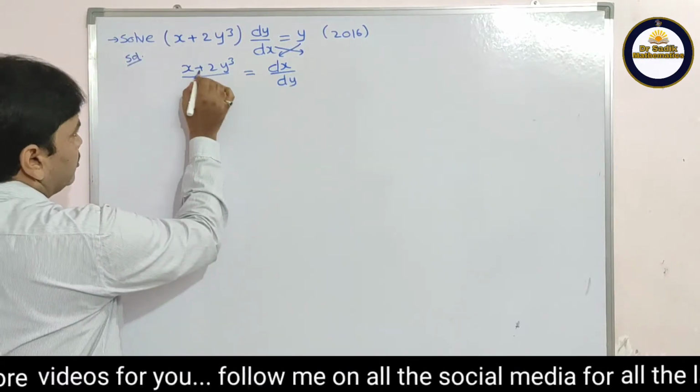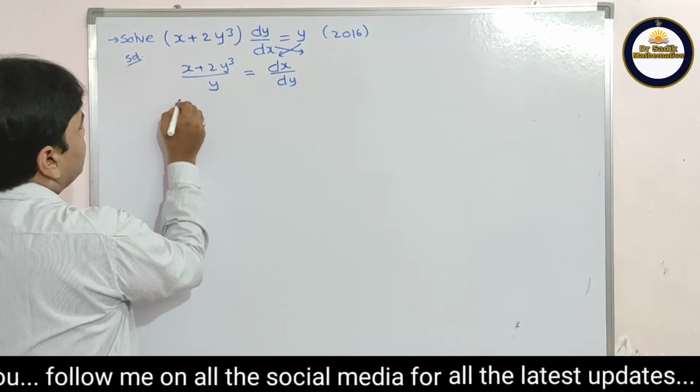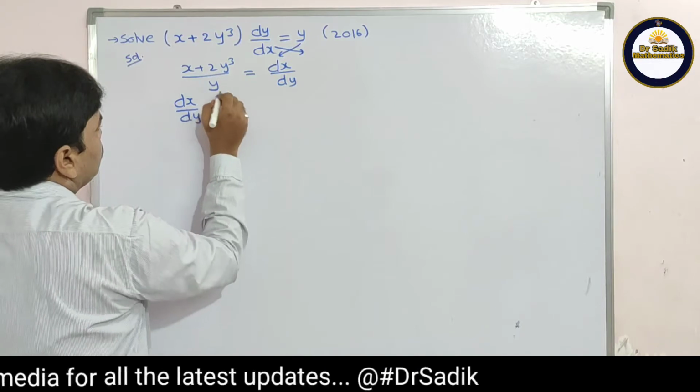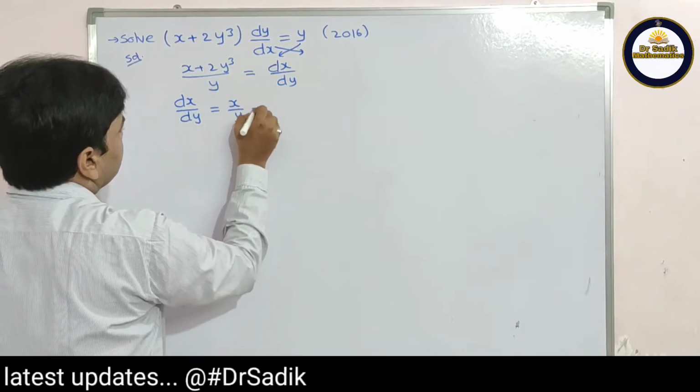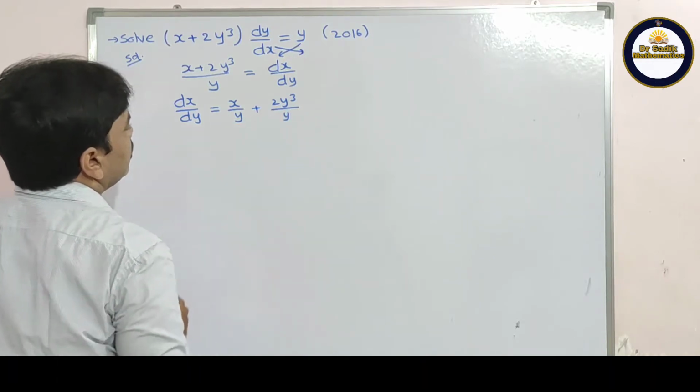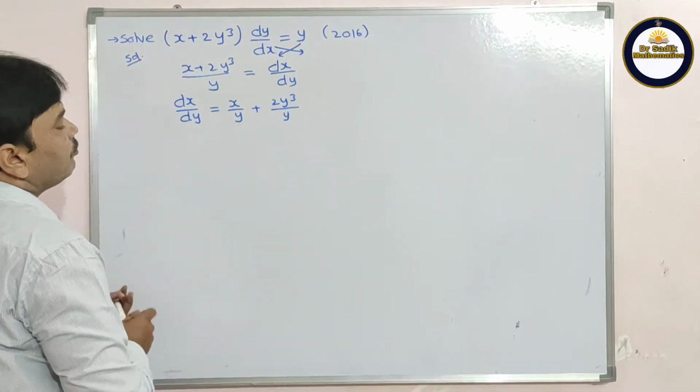Now I want to separate the terms, so we get dx/dy = x/y + 2y^3/y.